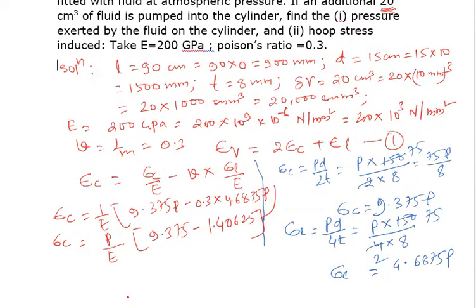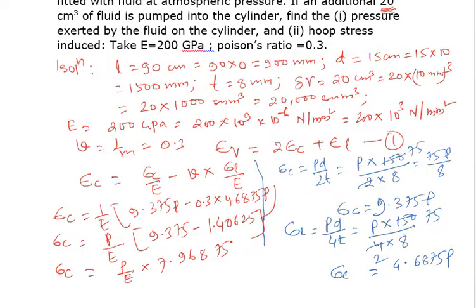1.40625. Now sigma C is equal to P by E into, we have to subtract minus 9.375 is equal to 7.96875. If we calculate this expression, then we will get 7.9685, correct?